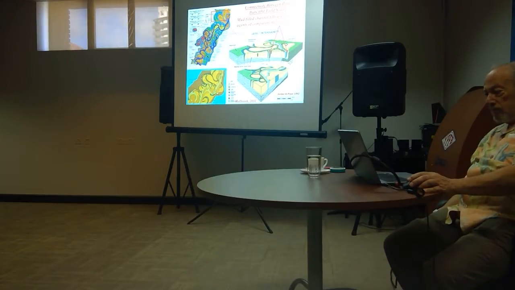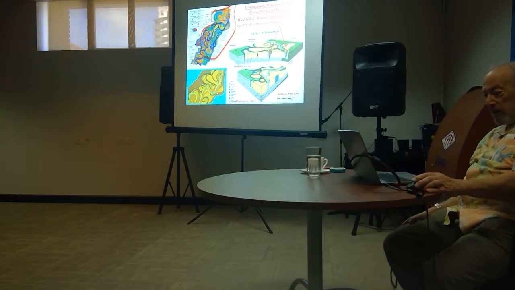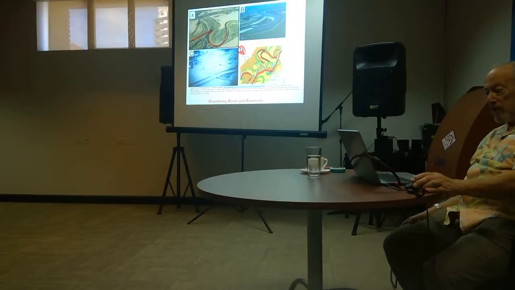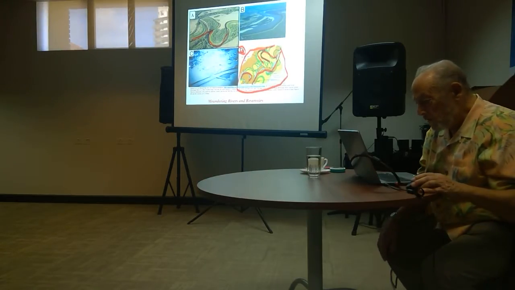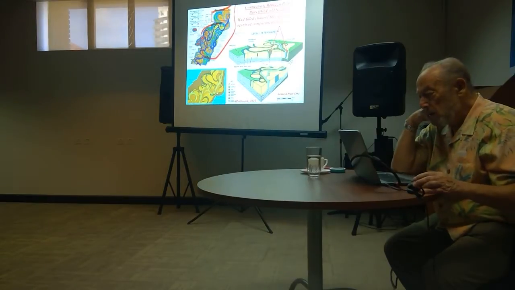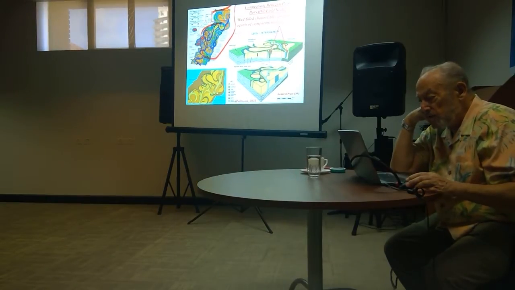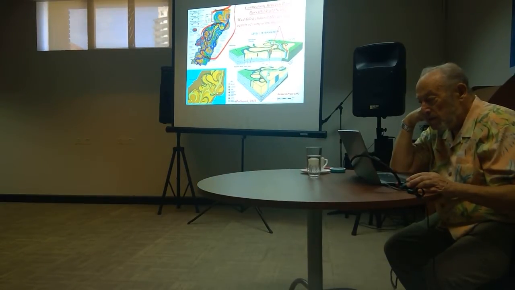Here's a three-dimensional diagram illustrating that. And this picture here is pretty much the same one as I showed here, but with different colors. So you see the main river is in dark blue here. It's coming down like this.